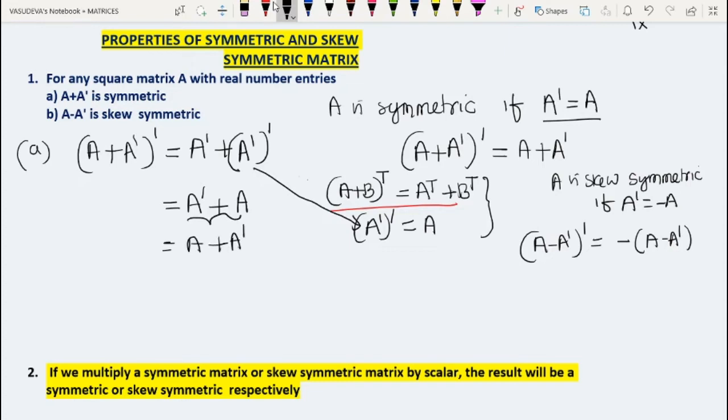So we have shown that A plus A dash whole dash is equal to A plus A dash. That implies A plus A dash is symmetric.